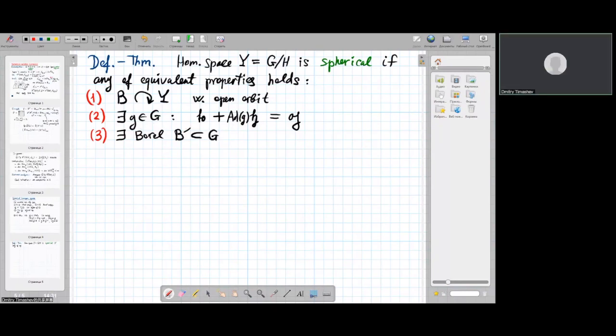These small letters are German letters corresponding to big Latin capital letters. So this small h is the Lie algebra of big H, and this small b is the Lie algebra of big B. This condition says that if you replace the Lie algebra of H by some conjugate, then the sum of this Lie subalgebra with the Lie algebra of the Borel subgroup B is equal to the Lie algebra of the whole G.